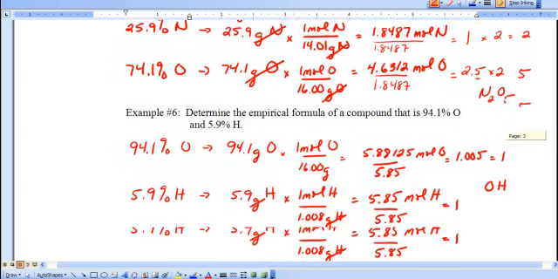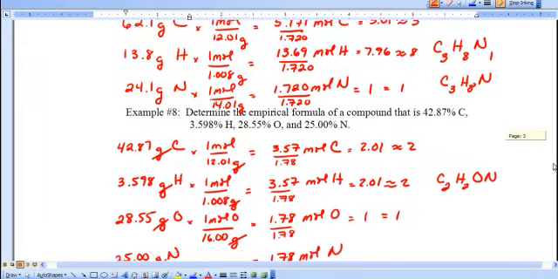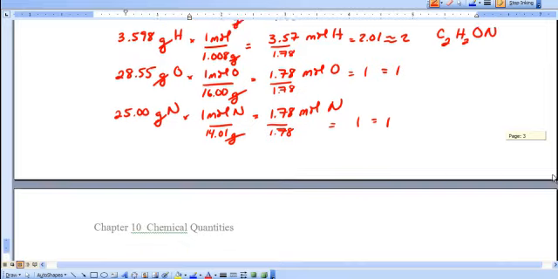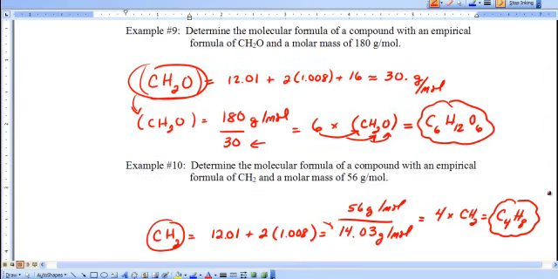And we did that 4 times. It doesn't matter how many elements you have, you still do the same thing each time. To determine the molecular formula, you take that empirical formula that you just calculated and compare it to the molar mass of the actual compound. You want to see how many of the empirical units you have in the real compound and then multiply it by that.